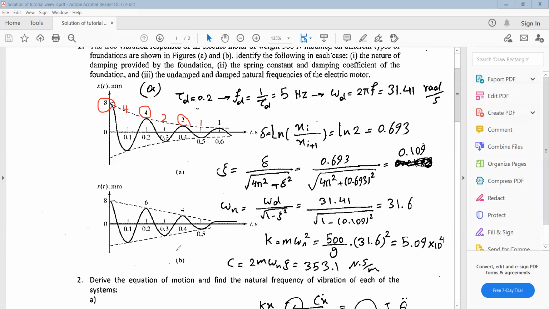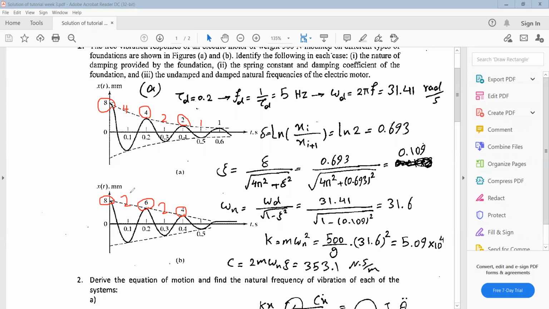In part B, the amplitude is 8, then at the starting of the second cycle it's 6, and in the third cycle it's 4. So in the first cycle it decreased by 2, in the second cycle it decreased again by 2, and so on.